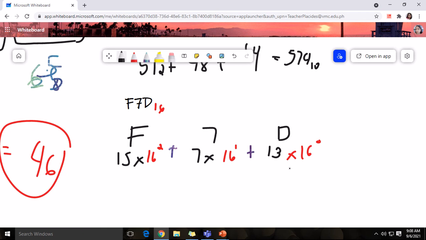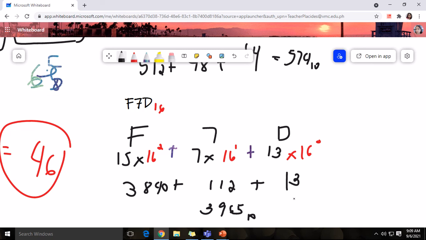So, compute: 13 plus 7 times 16 is equal to 112, plus 16 times 16, which is 256, multiplied by 15, is 3,840. So, 3,840 plus 112 plus 13 is equal to 3,965 decimal.